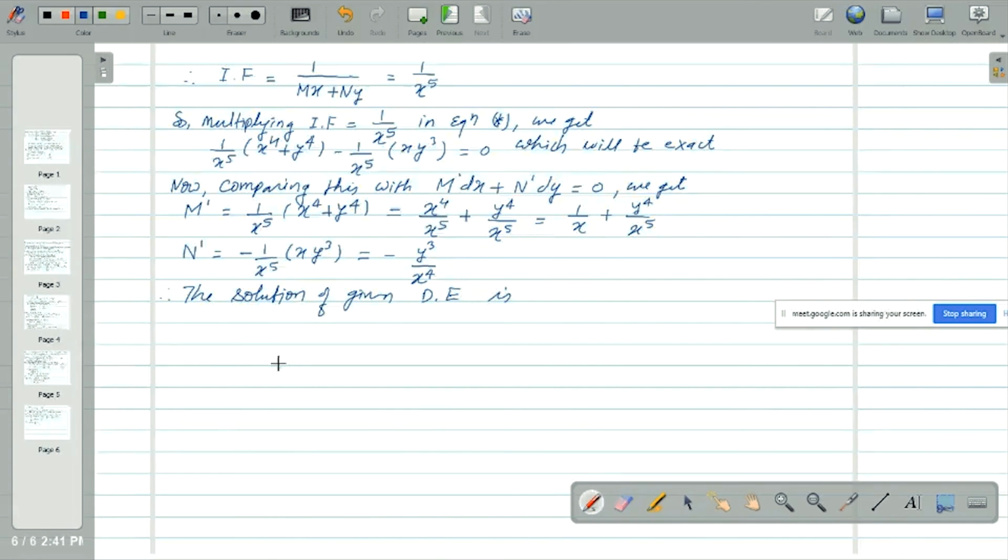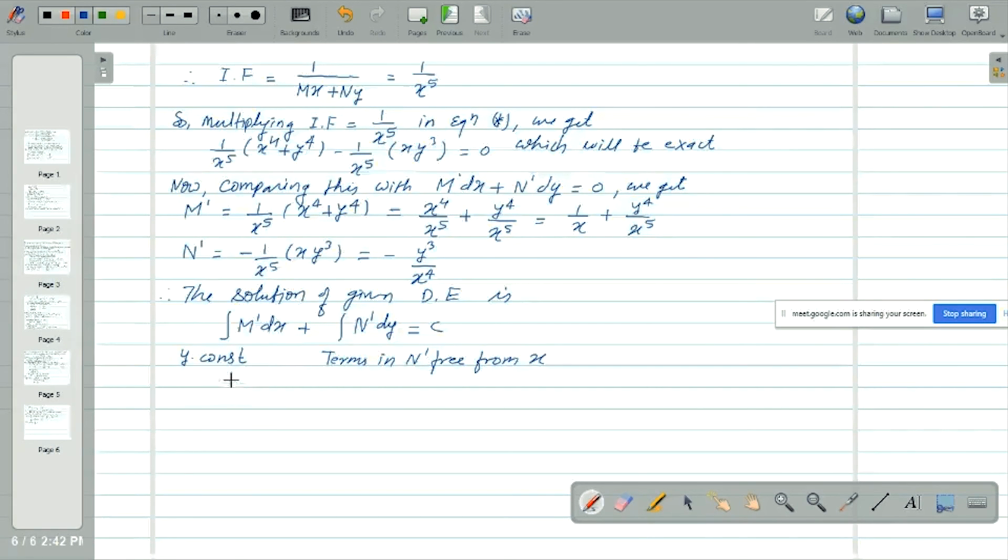we find the solution of this. So the solution of given differential equation is integration of m dash dx plus integration of n dash dy equal to c. Here y is treated as constant, and here the terms in n dash free from x.